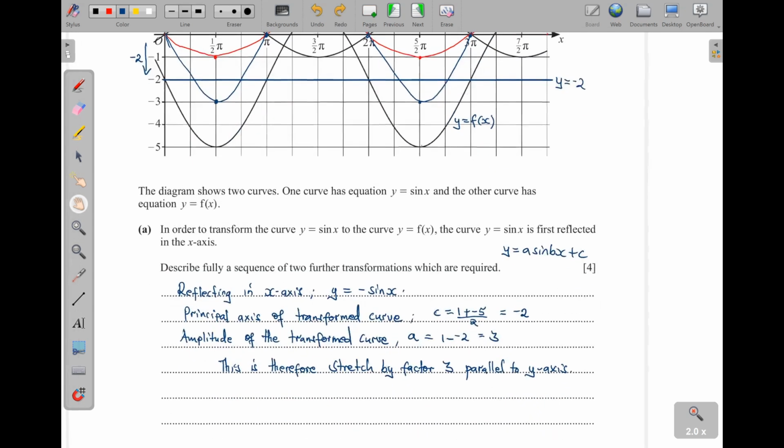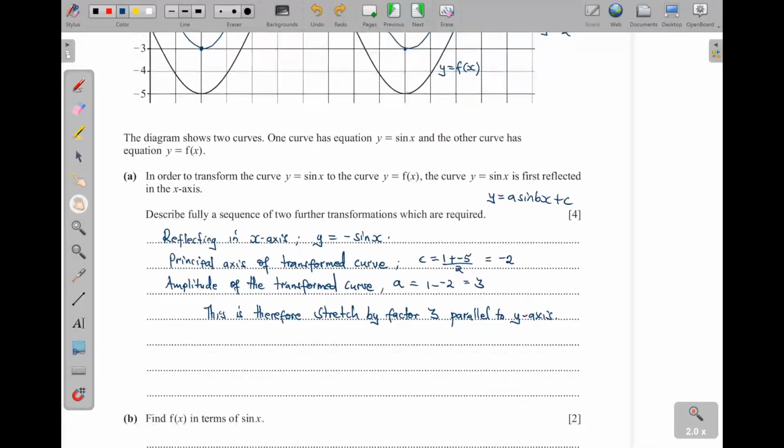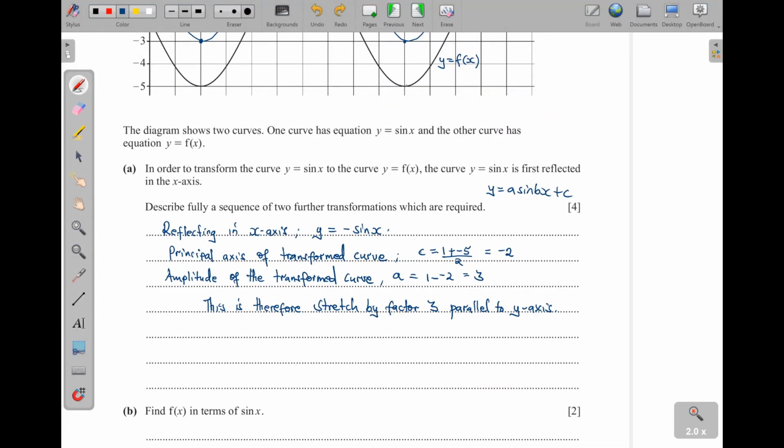So that means since it was shifted down by 2 units, then we shall have translation by vector 0, negative 2. But you could also get that one from the principal axis, which we got as negative 2. That is the one I told you here.